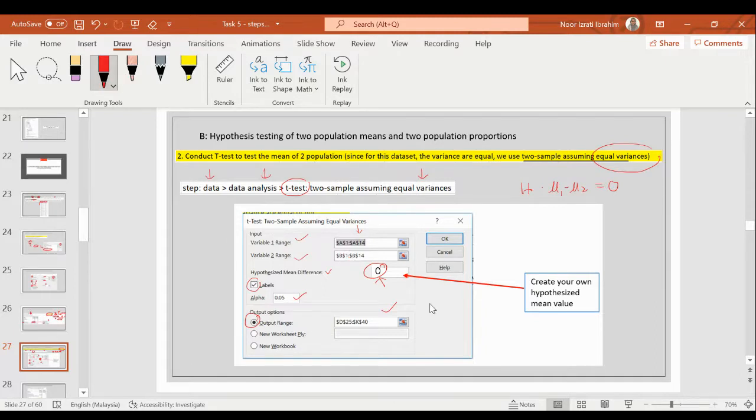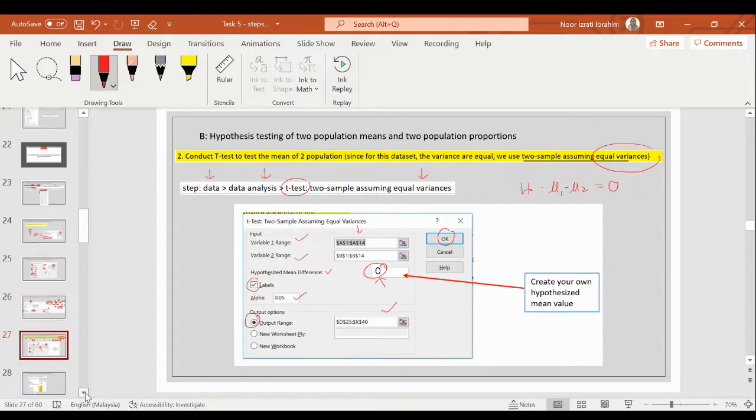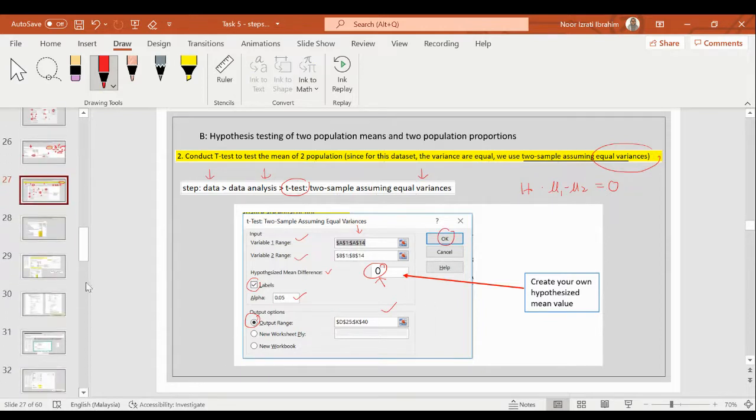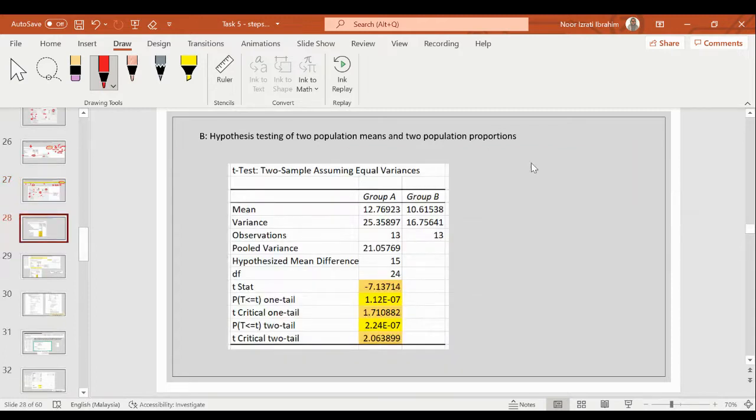Once you do all the settings, you just click on OK, and Excel will provide you this output.